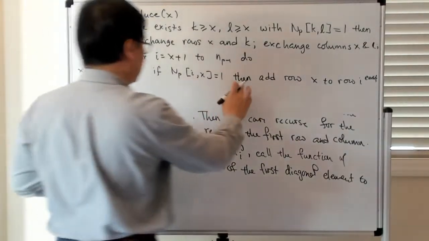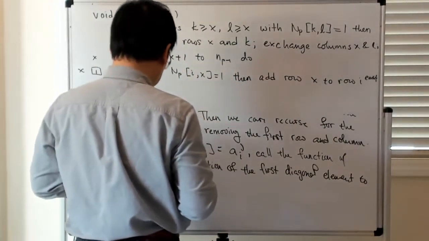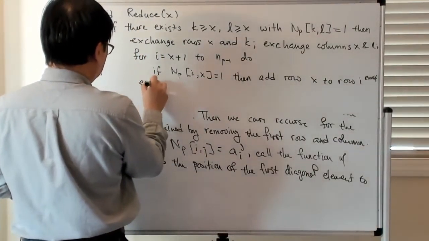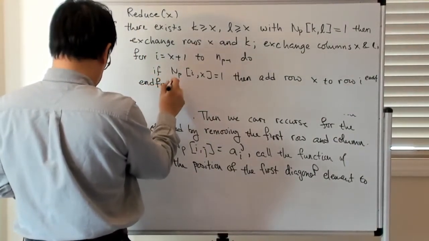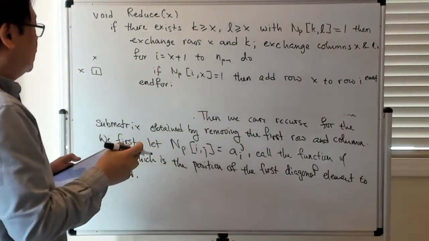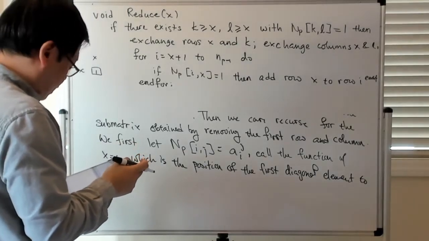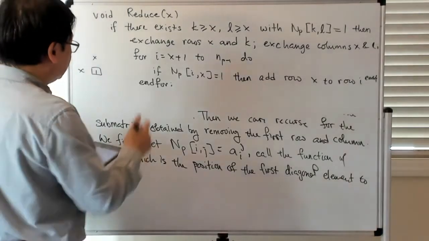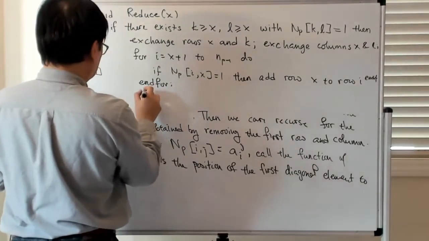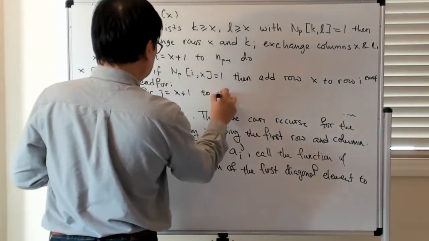That's how this is zeroing stuff out. Then you end the for statement. So what this will do is zero out that entire entry.